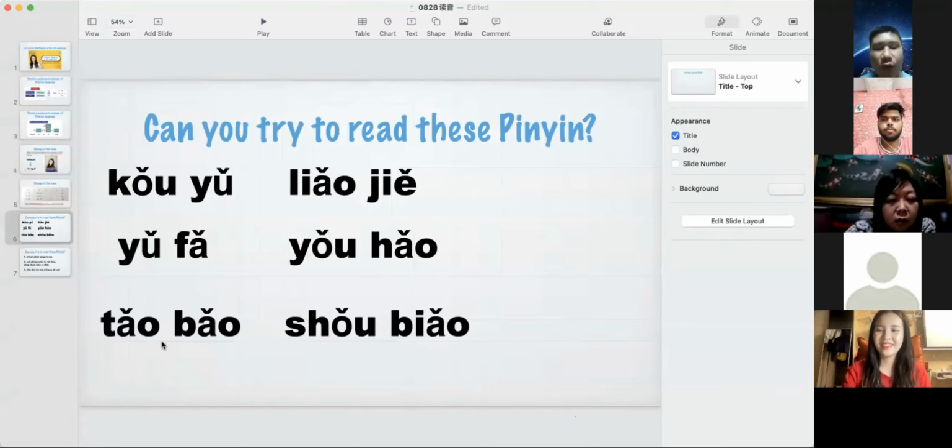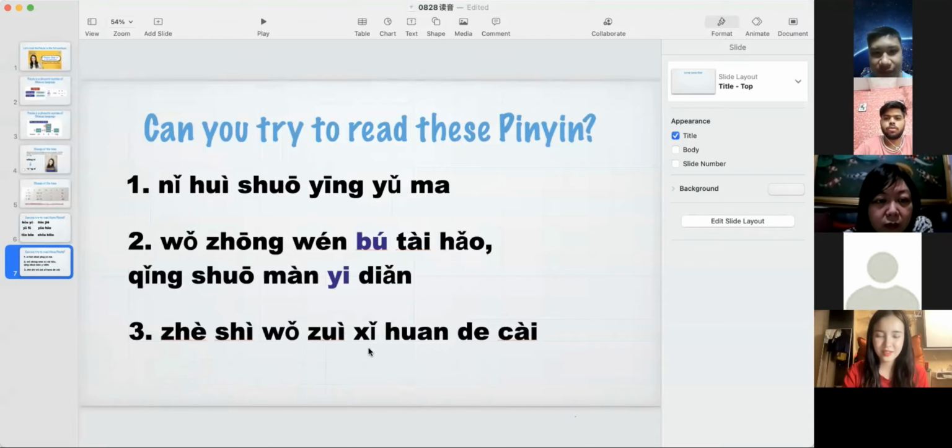Yes. Move your head. 淘宝手表, yes. And now read the sentence, okay? 你会说英语吗？ Yes, perfect.